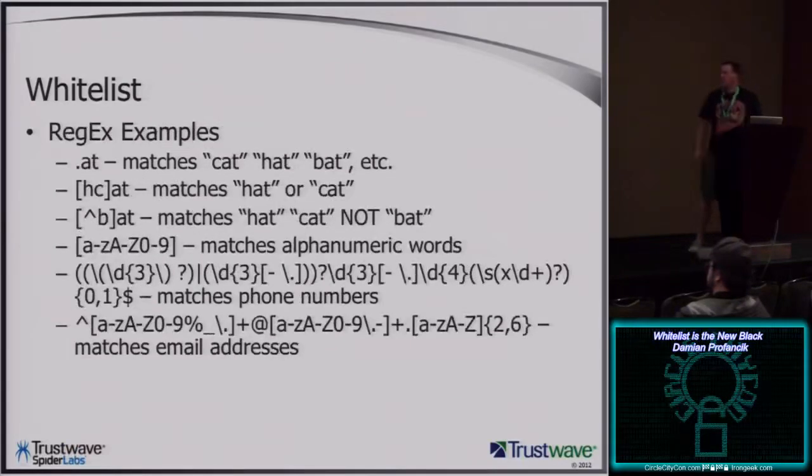So just some examples again. .at means it could be any character, and then it could be at. Hat, cat, or bat; with [^b], it can't be bat. Alphanumeric words. As I mentioned, people have figured out all these regular expressions, and you can go get them, because some of these look really gnarly, like that phone number and email addresses.